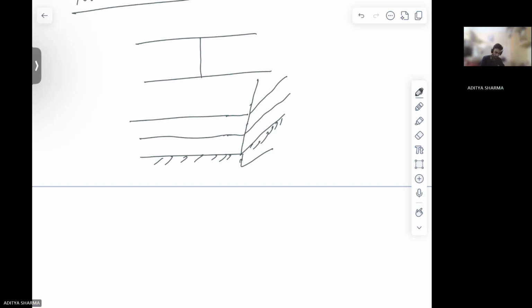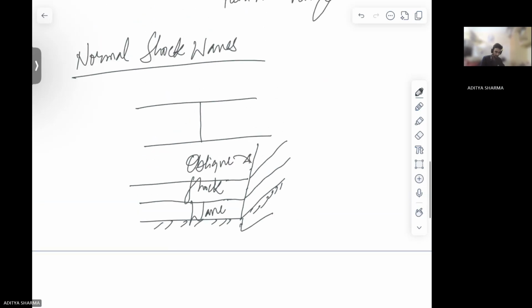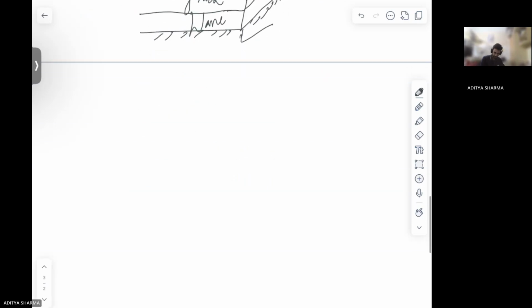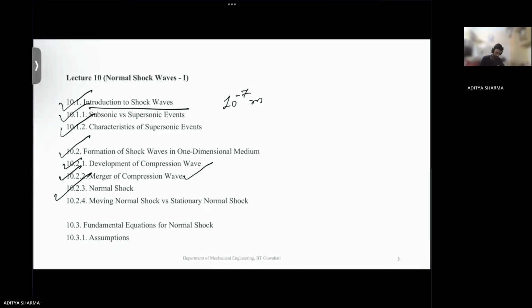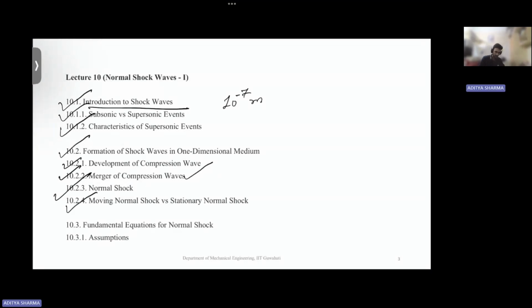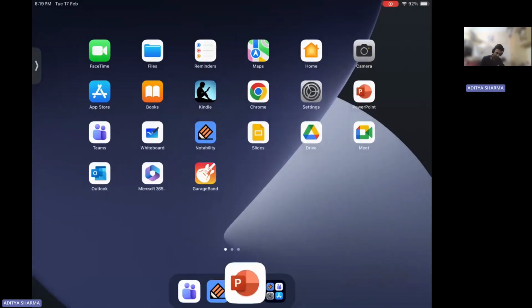Okay. So this is basically an oblique shock. Then moving normal shock and stationary normal shock.